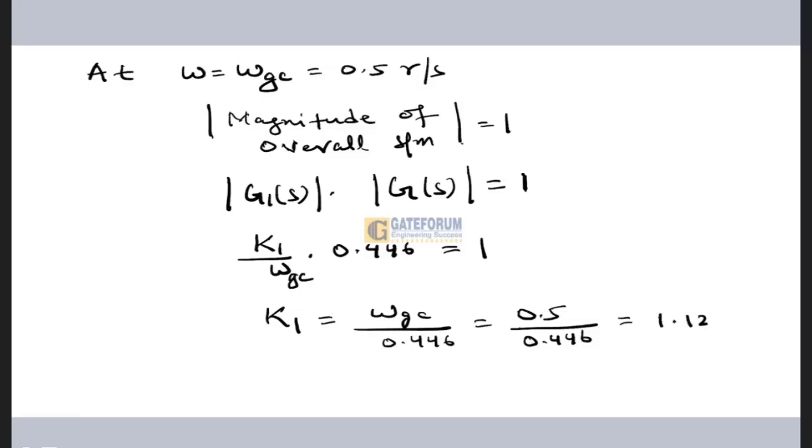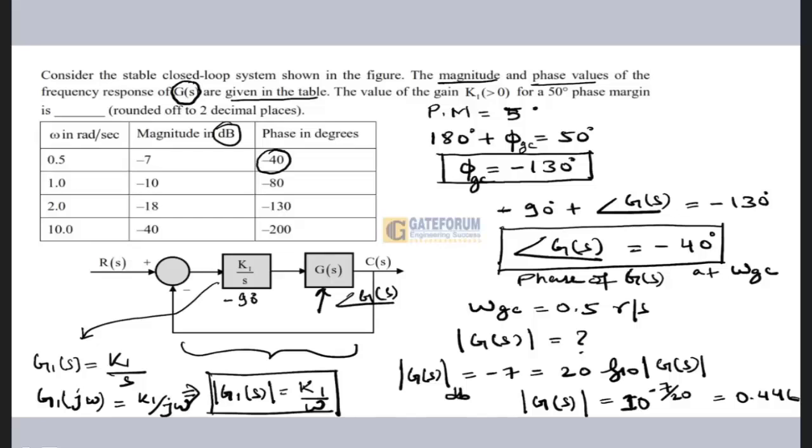Here the value of K1 you can round off to 2 decimal places, so the overall value is 1.12. They will give you the range for that. No need to worry.